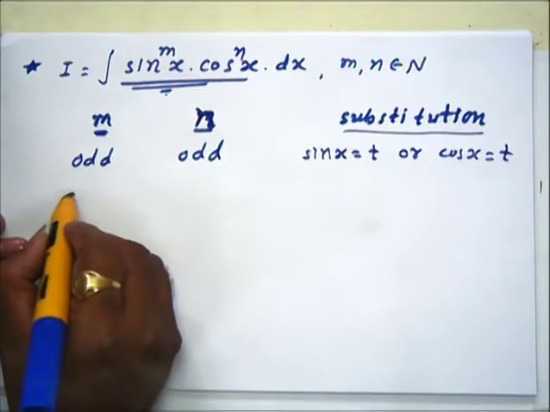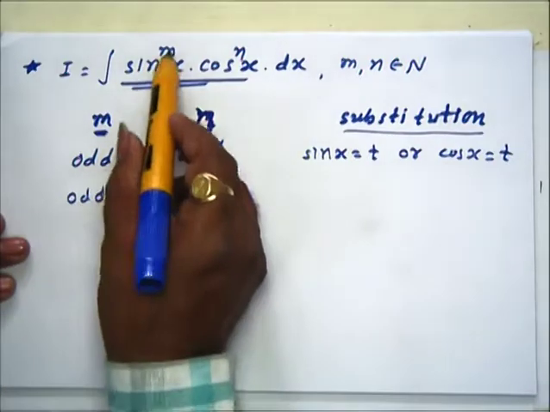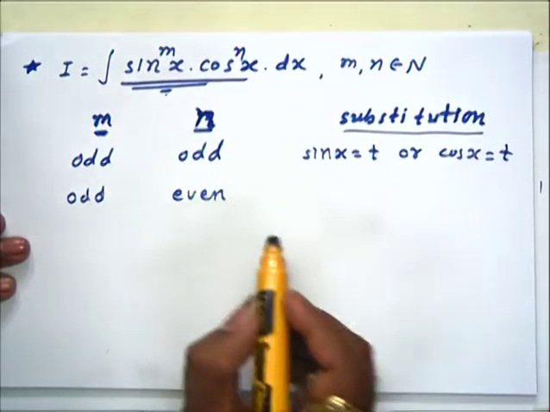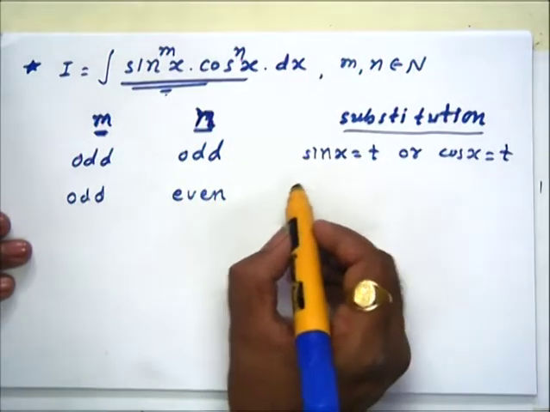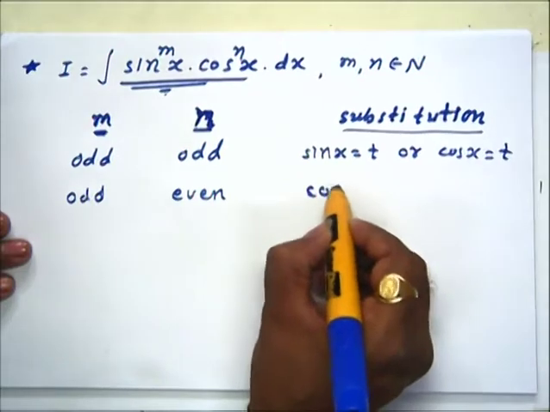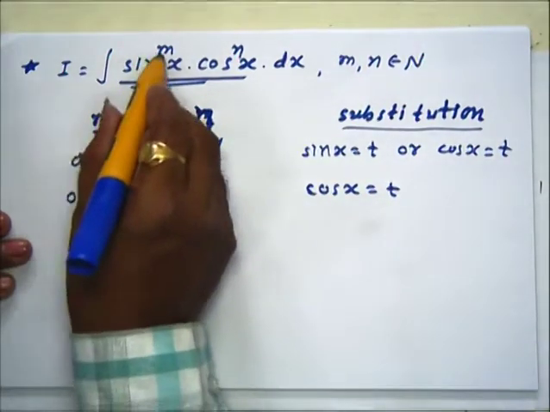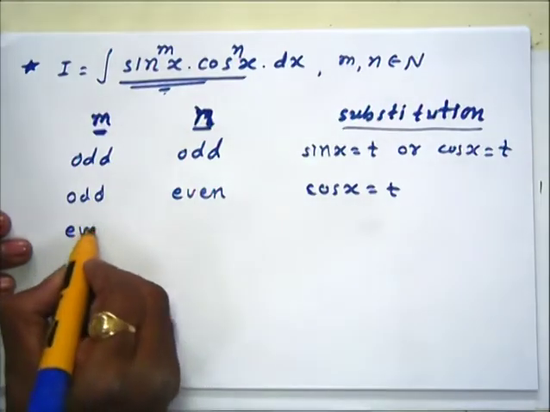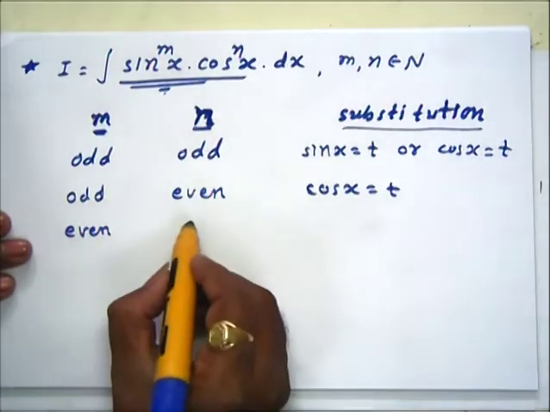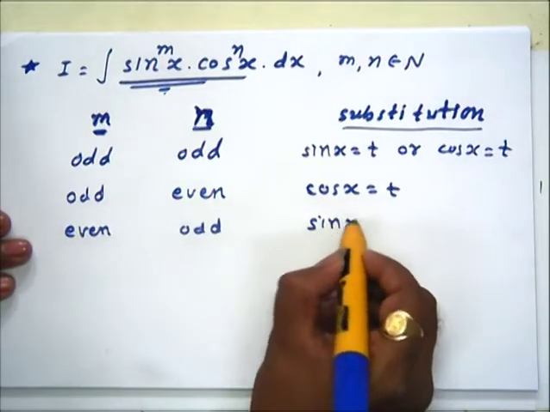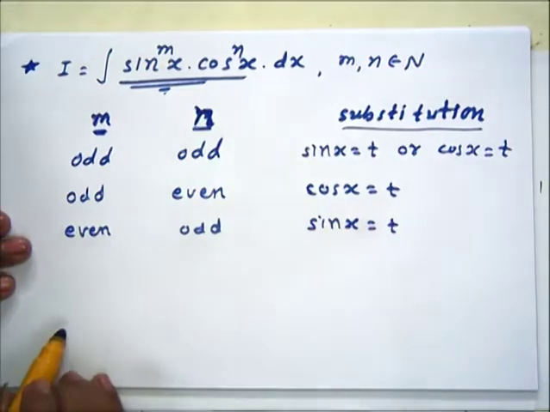If m is odd, meaning the power of sin is odd and the power of cos n is even, then take cos x equal to t. If the power of sin, that is m, is even and the power of cos n is odd, then take sin x equal to t.